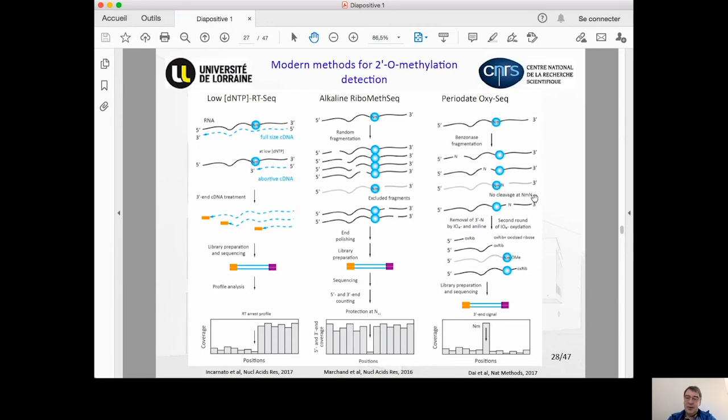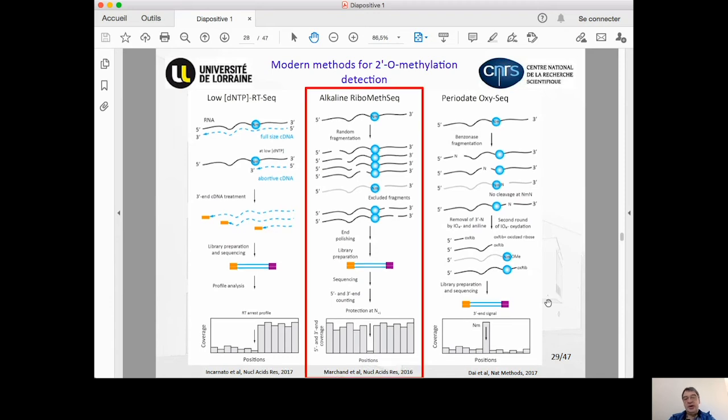Since benzonase will not cleave at the link between Nm and any nucleotide, one should proceed with at least one removal of a nucleotide by oxidation and aniline cleavage. These cycles can be repeated several times to get enrichment of ligatable Nm residues, and other non-methylated riboses will be converted to oxidative products. So after library preparation and sequencing, Nm 2' methylation can be detected as a signal at the 3' end.